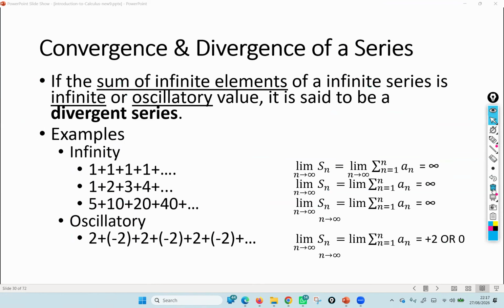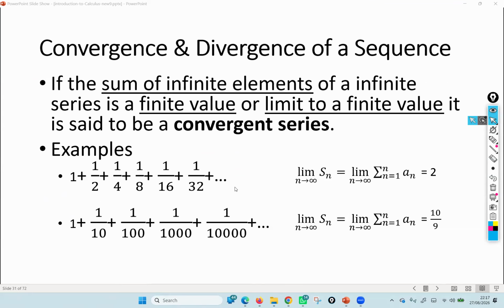It is hard, but that doesn't mean impossible. So you keep adding, right? You keep adding forever, but the sum is not going to go beyond 2 in this case. Sum, not the value. The value is getting close to 0.